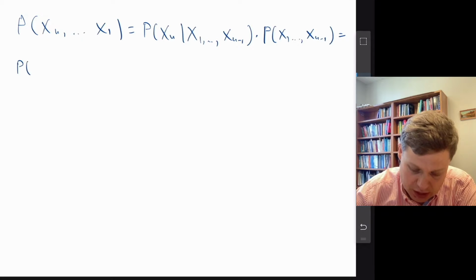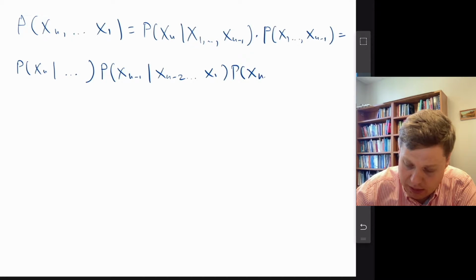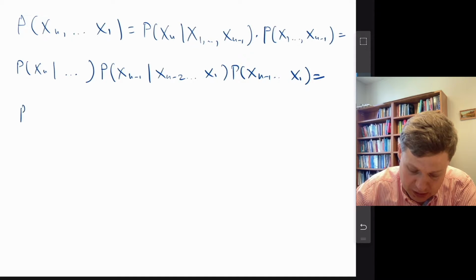So you have the conditional of xn minus 1 on xn minus 2 through x1 times the joint over xn minus 2 through x1, and you can continue doing that.